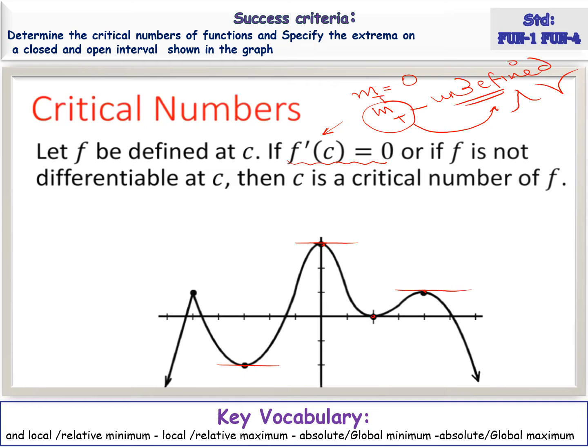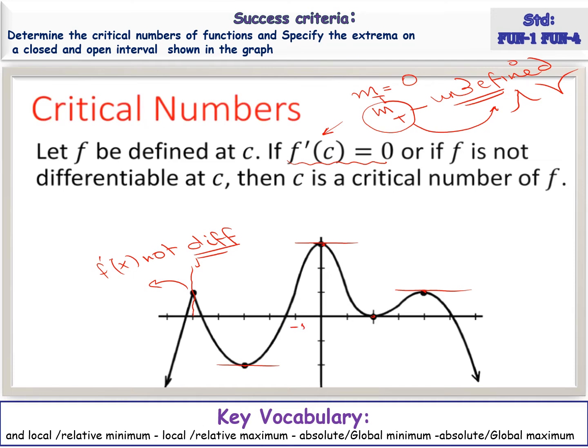Now you can see over here there is a sharp turning. So on the sharp turning, the slope of the tangent line is undefined. The reason is that over here the function is not differentiable. But these points are said to be the critical points. So find out the critical points.